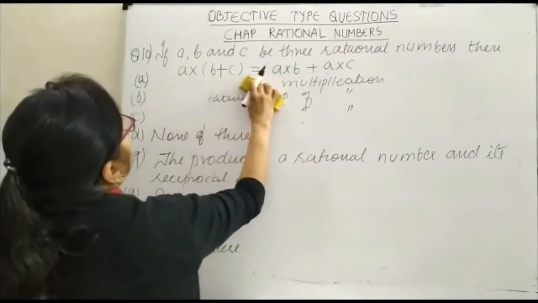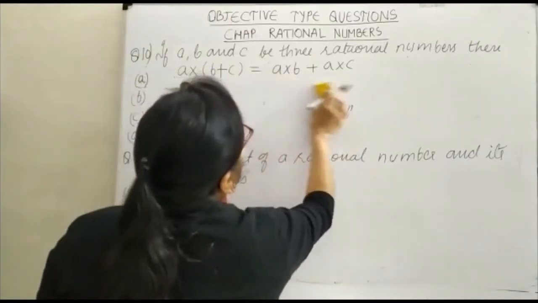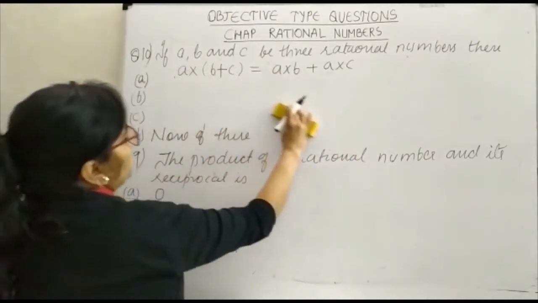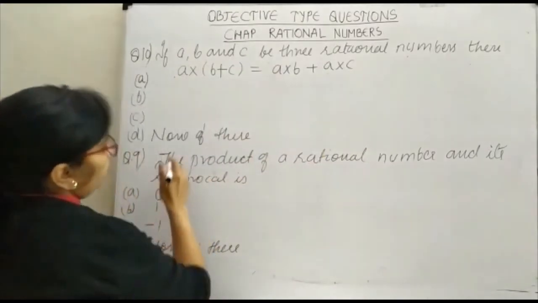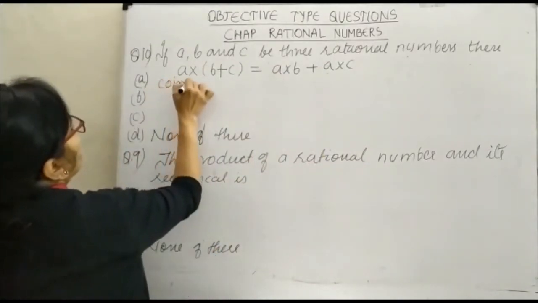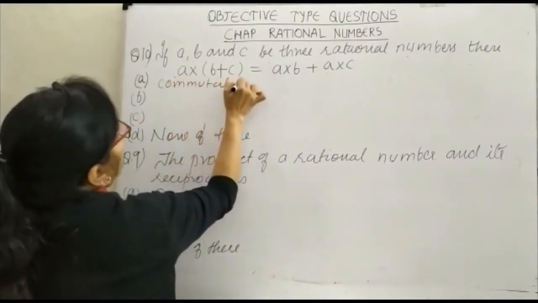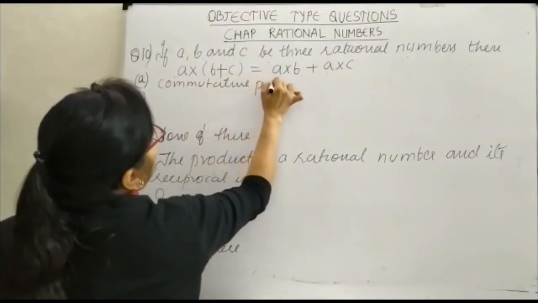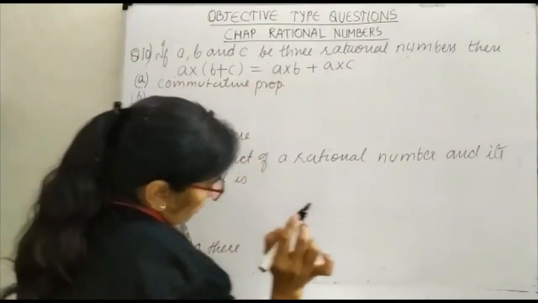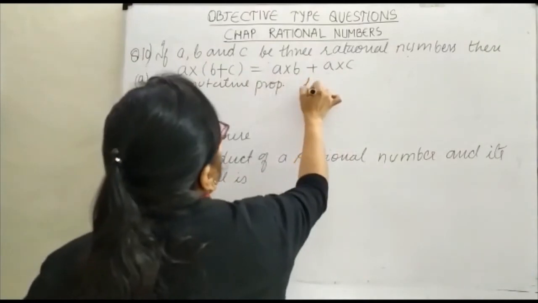Your first option is commutative property for addition of rational number.